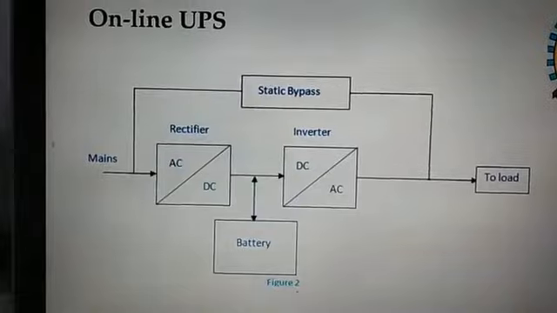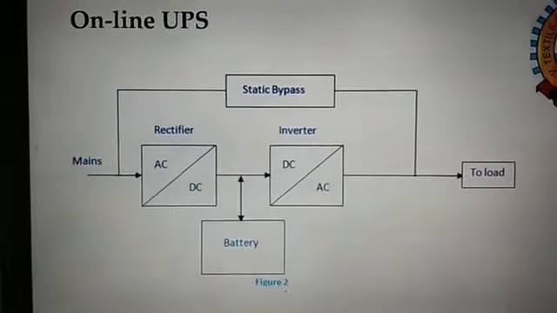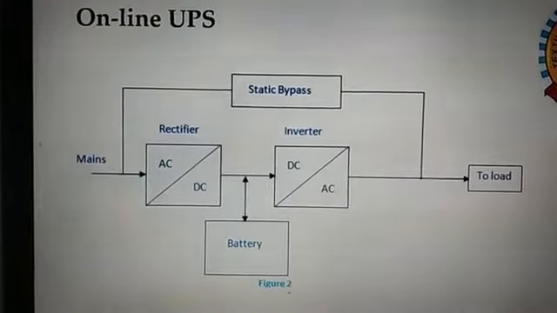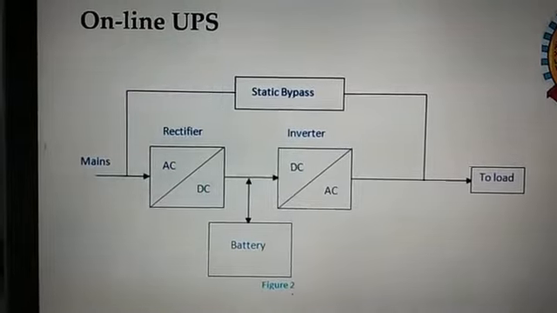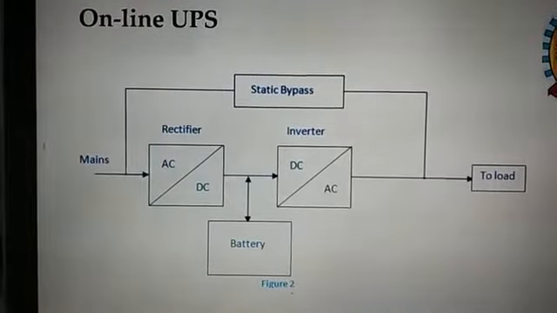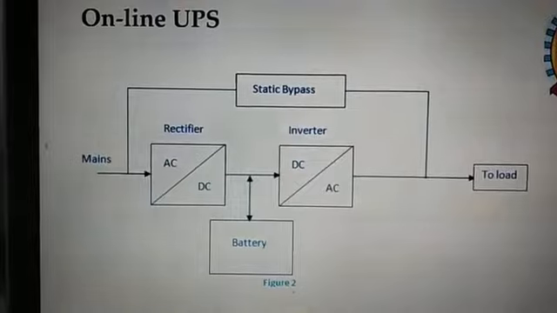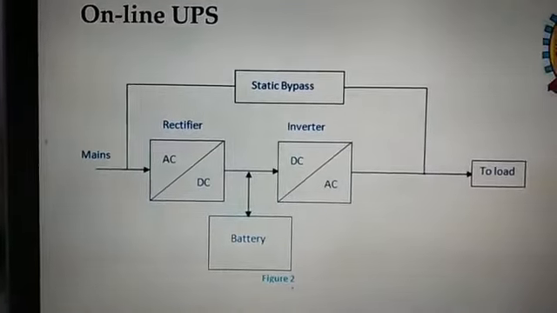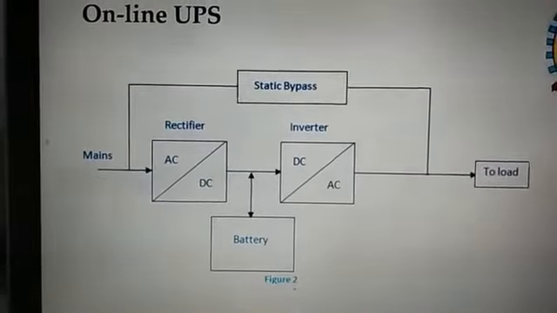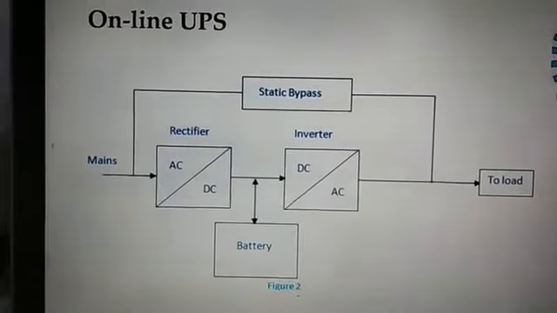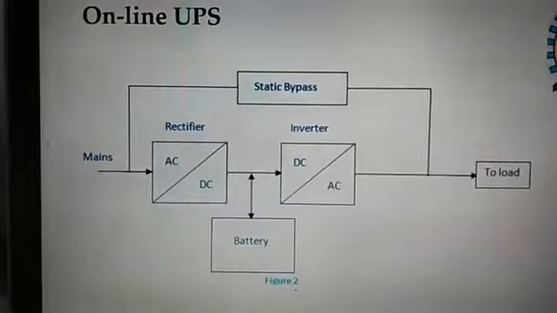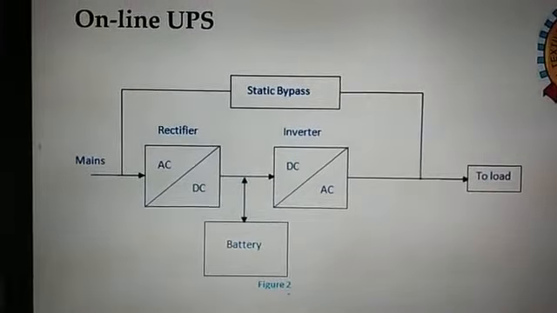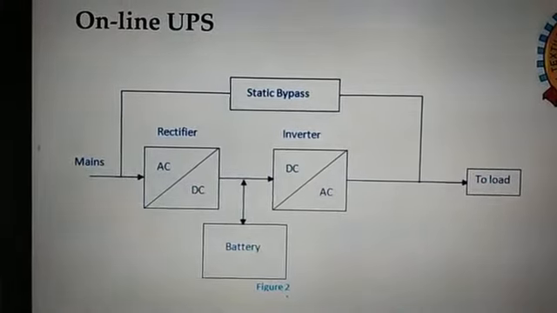However, in offline UPS it will take 25 milliseconds. The cost in the online UPS for this facility is that the rectifier and the inverter are continuously working. So there is a requirement of heat sinks and various types of controls to keep the rectifier as well as the inverter safe.